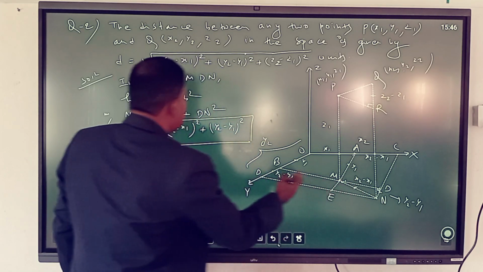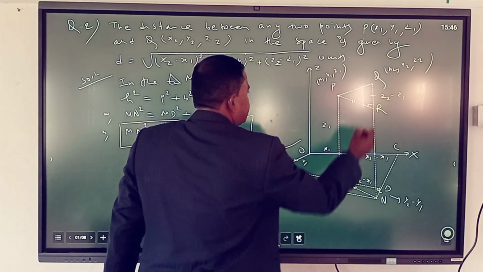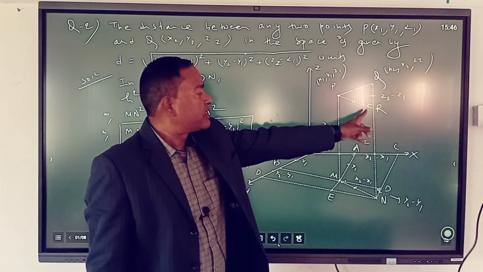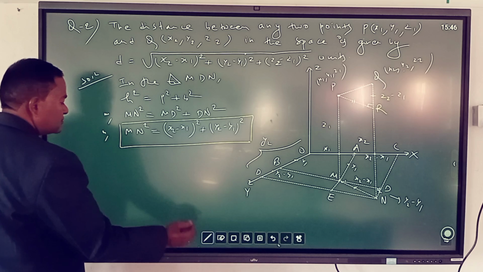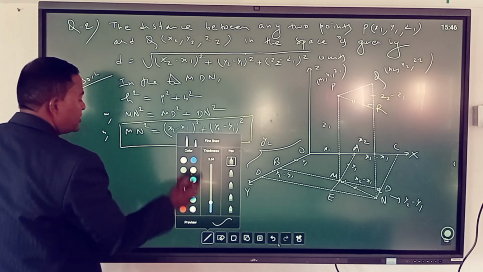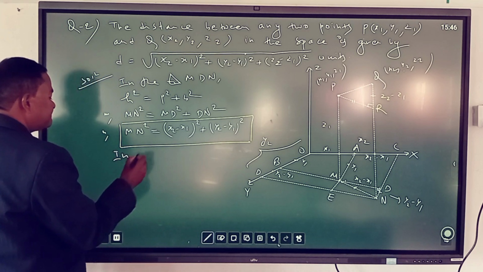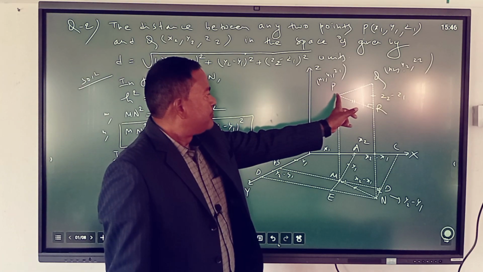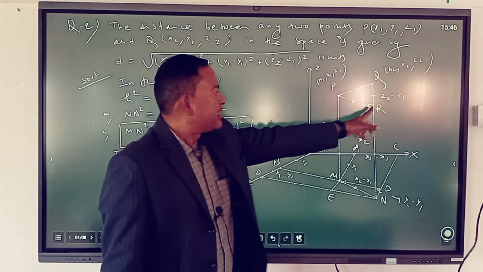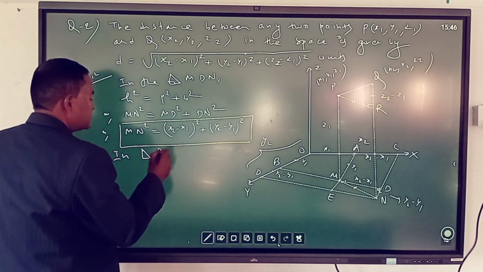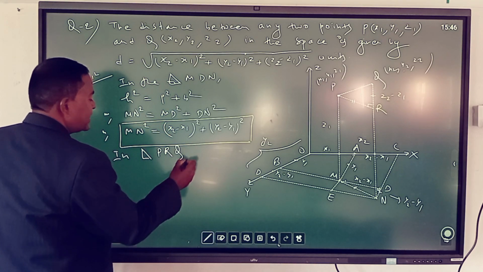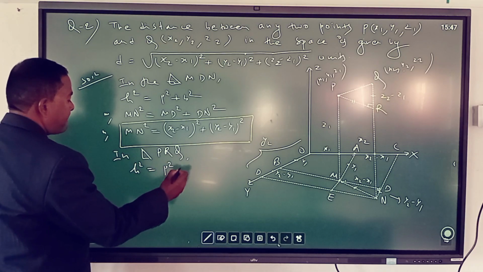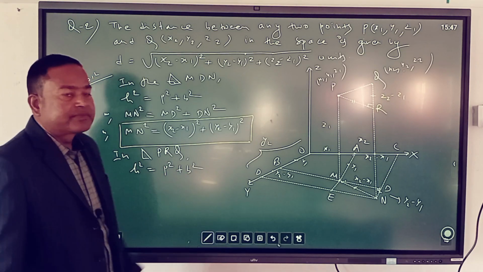So dear students, let us take the right angle triangle PQR. In the right angle triangle PRQ, right angle at R, H square is equal to P square plus B square.